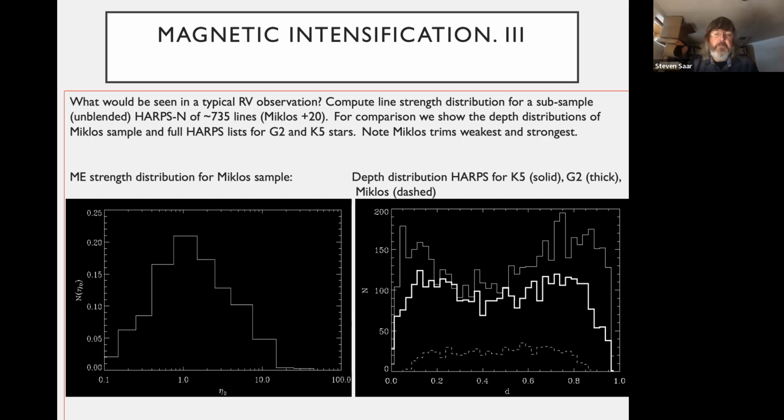The line strength distribution is shown at the lower left. You can see it peaks at moderate strength lines. There's not as many very weak ones and not so many very strong.